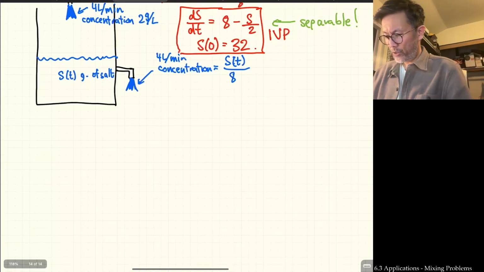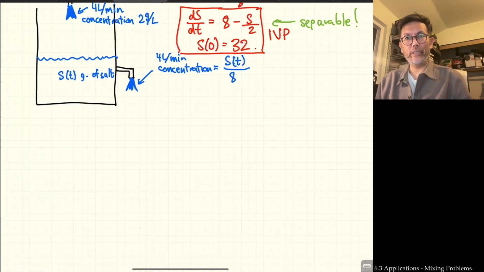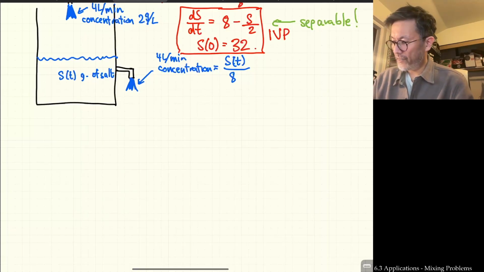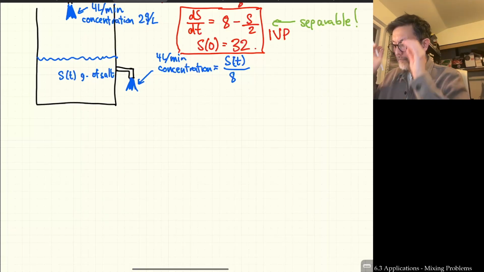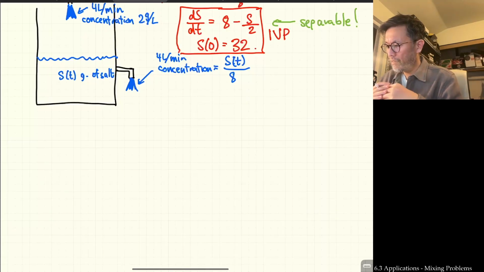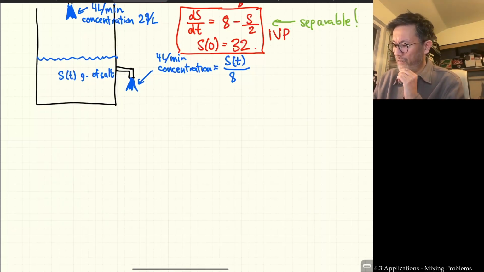Okay, this should not be too difficult. What we're going to do is, of course, use the separability. So if I divide both sides, I guess I should write this as ds/dt equals (16 minus s) over 2, and then multiply both sides by 2.